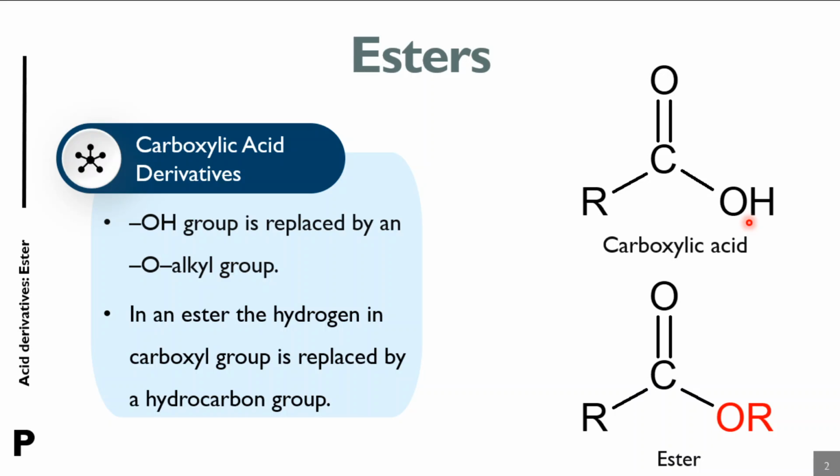So either you replace OH from the carboxylic acid by OR, that is O plus alkyl, alkoxy, and it becomes an ester, or H can be replaced by another alkyl group, which also forms an ester. So an ester is a carboxylic acid derivative in which the hydroxyl group of the carboxylic acid is replaced by an OR group.